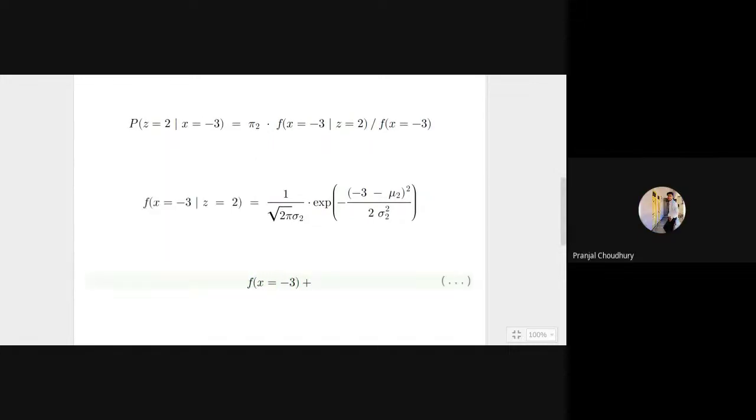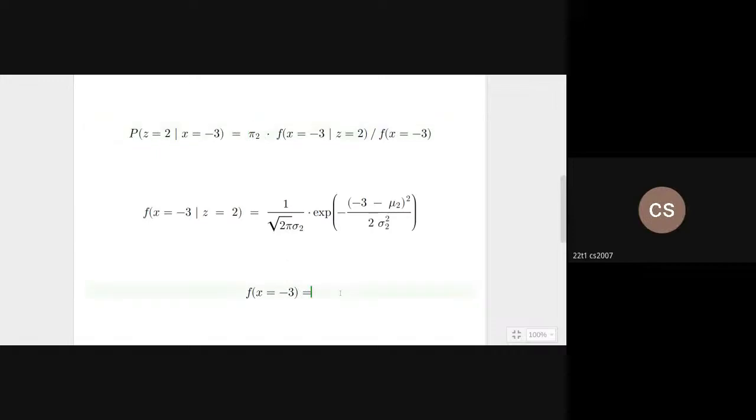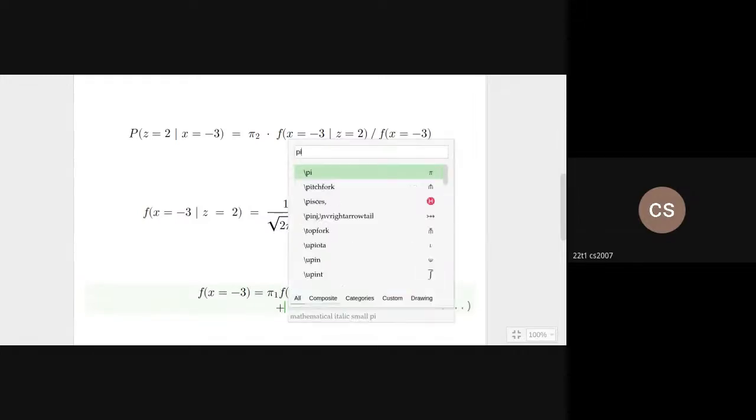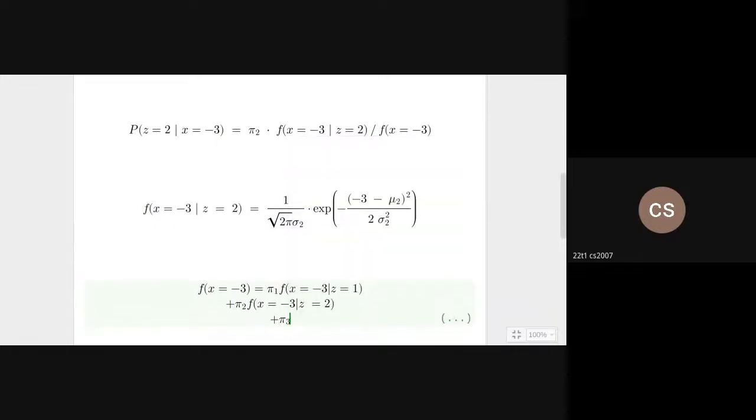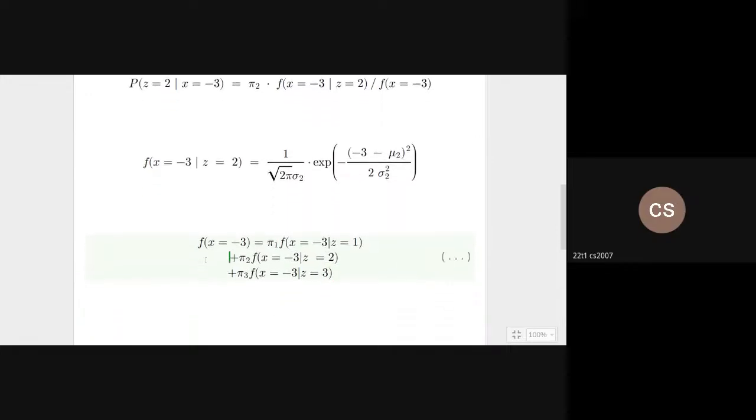It's the summation of all these things: pi 1 f of x equal to -3 given z equal to 1, that is, it belongs to mixture 1, plus pi 2 f of x equal to -3 given z equal to 2, and finally pi 3 f of x equal to -3 given z equal to 3. So this is f of x equal to -3. So you have to do these 3 steps.